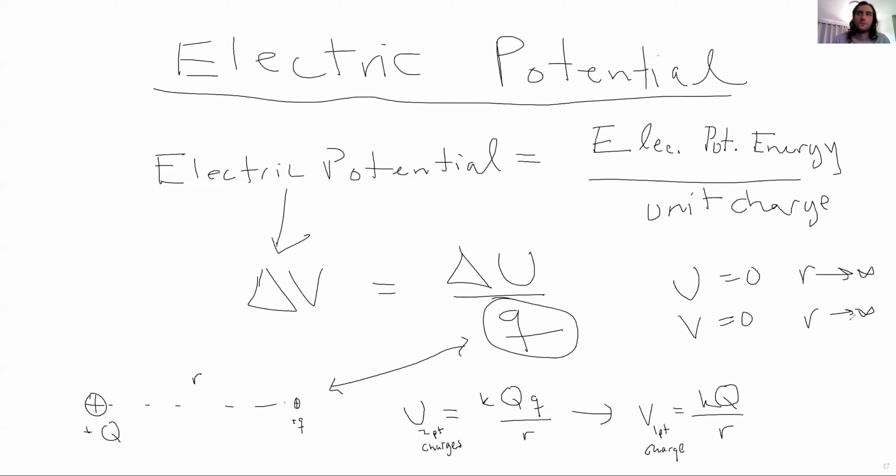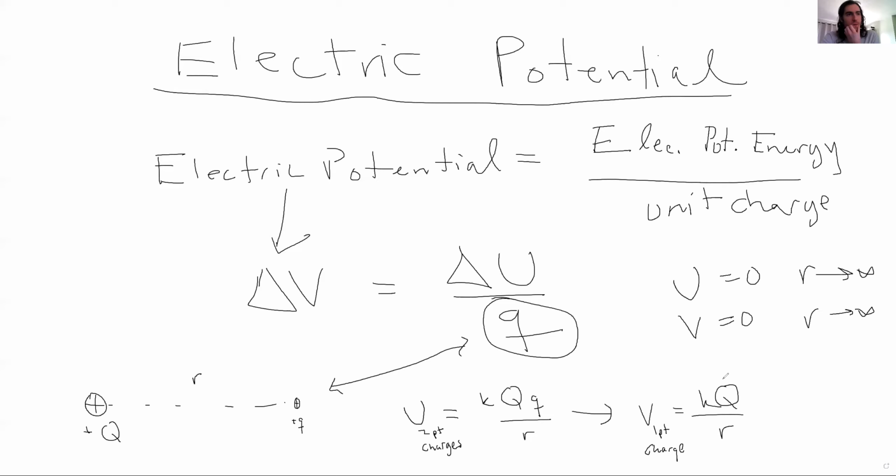Any questions about that? That's pretty straightforward, right? Just divide the potential energy by that little q, and you arrive at the electric potential for the point charge, kq over R.